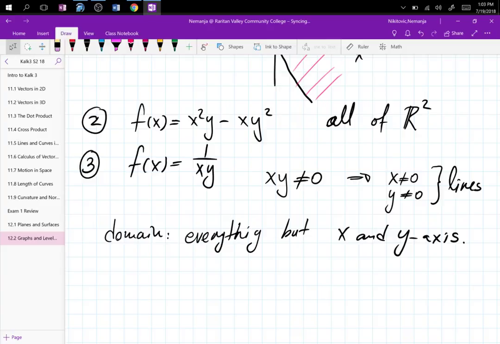The axes are the only thing that are excluded, because the axes, which obviously include the origin, contain zeros. If you pick a point on the axis like (3, 0), well, your y is 0, and that makes the denominator 0. If you pick any point on the y-axis, like let's say (0, -5), then your x is 0, and you still get 0 in the denominator, which you are not allowed to have, because we can't divide by 0.